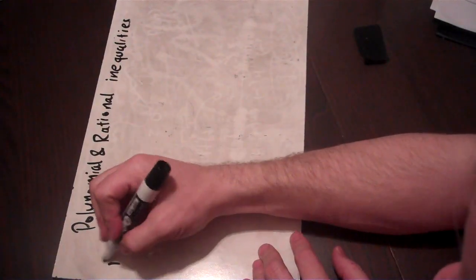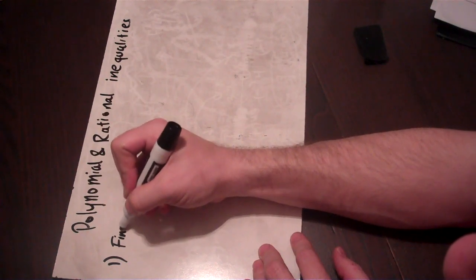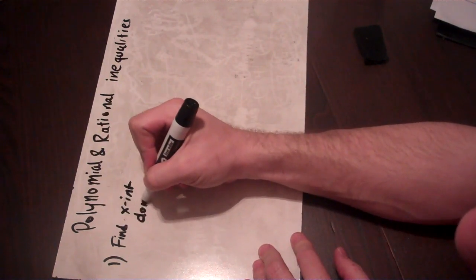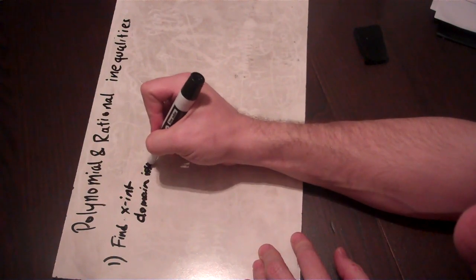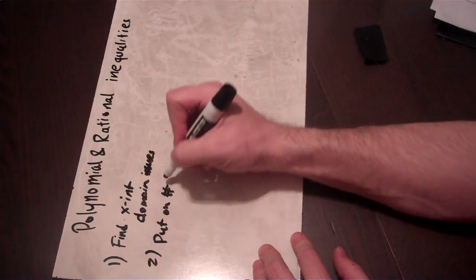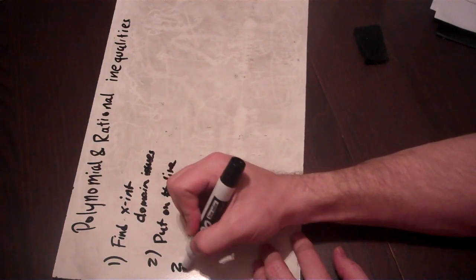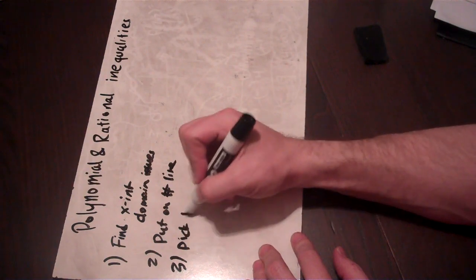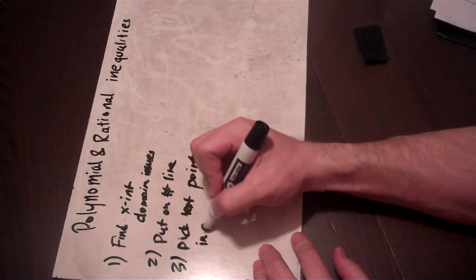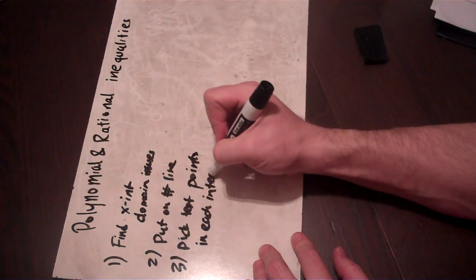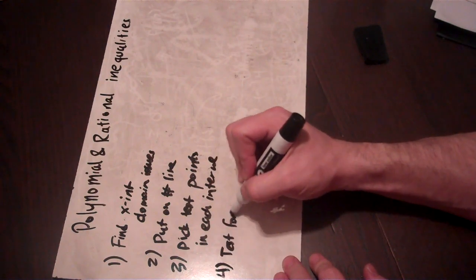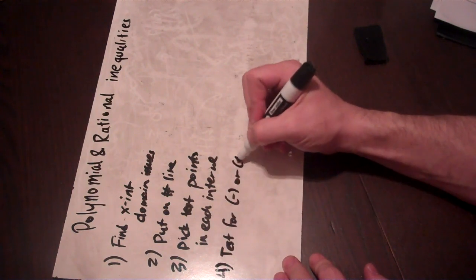So the steps are: find x-intercepts and domain issues, put these on a number line, pick test points in each interval, test for whether it's negative or positive.